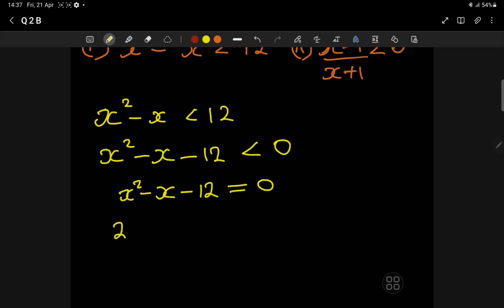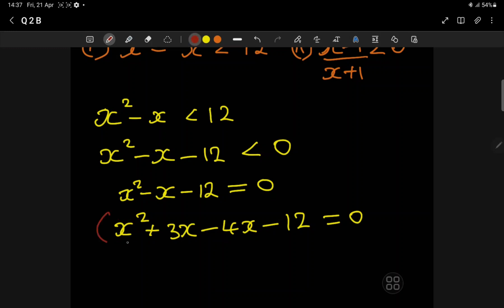So we'll say x squared plus 3x minus 4x minus 12 is equal to 0. Then we can group the terms. So if we group this and we group this, then we factorize.